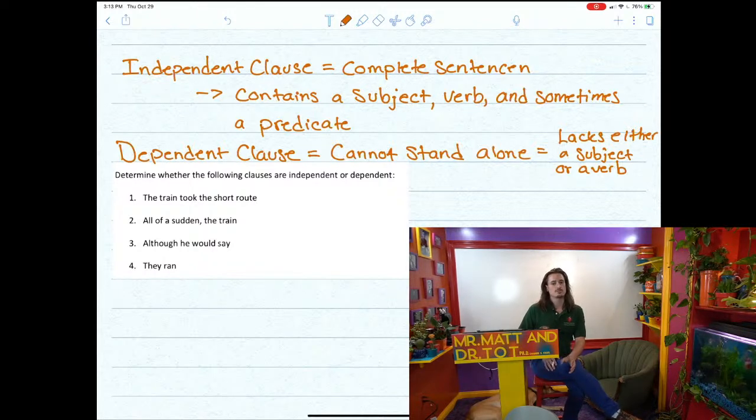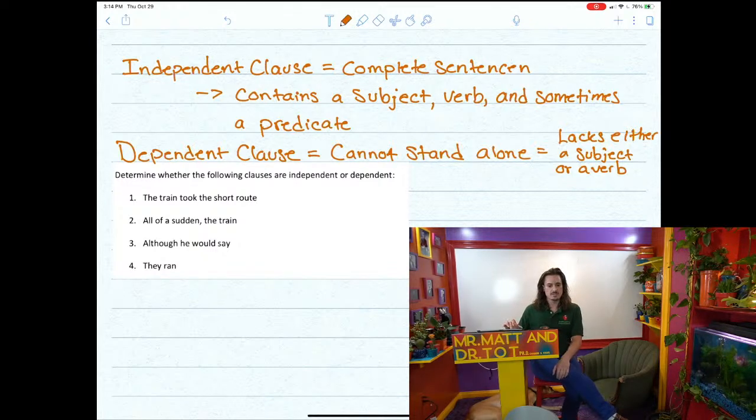You of course need to do the proper analysis, but if you feel like something is missing or that you are left wanting more information, or you don't have a clear picture of what the intended statement or essential meaning is, that's usually indicative of a dependent clause. And we'll get some examples of that right now.